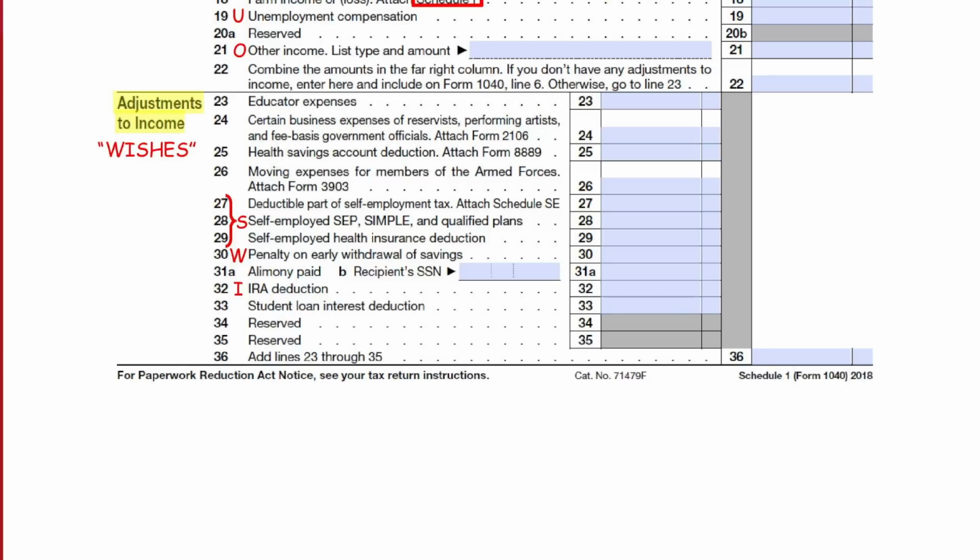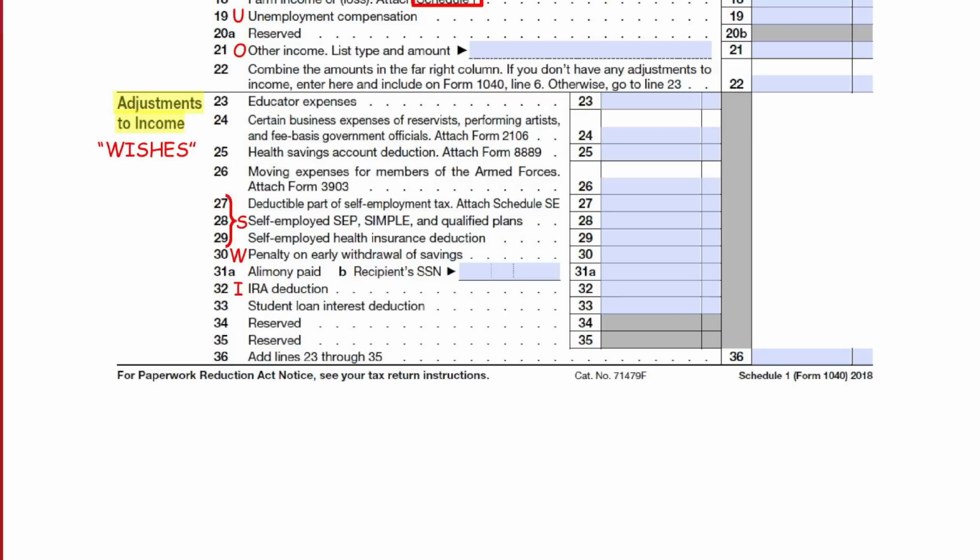Line 28 is self-employed SEP, SIMPLE, and qualified plans. Line number 29 is the self-employed health insurance deduction. Basically, all these three lines are for self-employed folks. And that is our first S of WISHES.